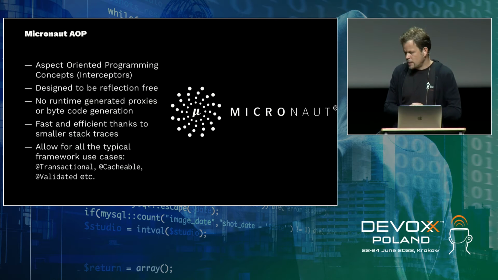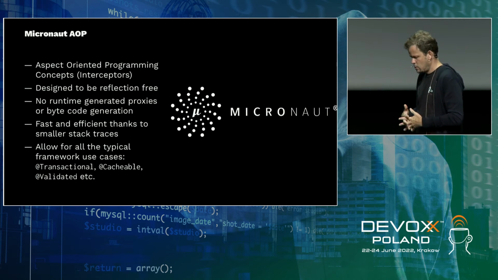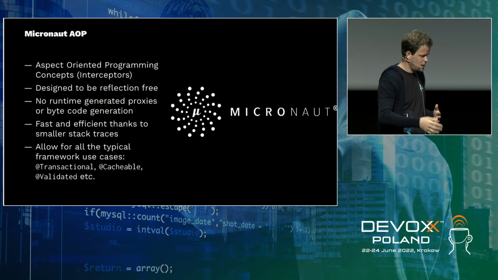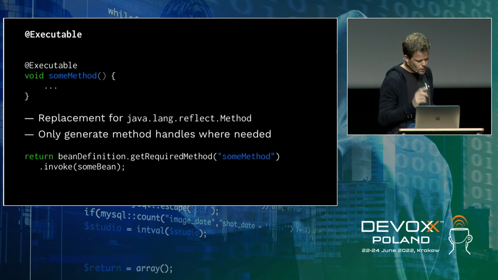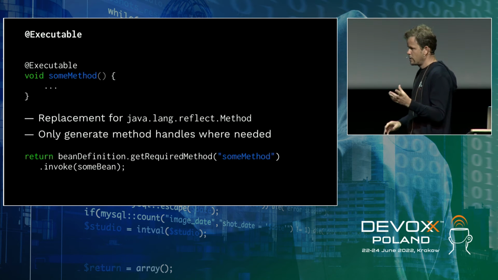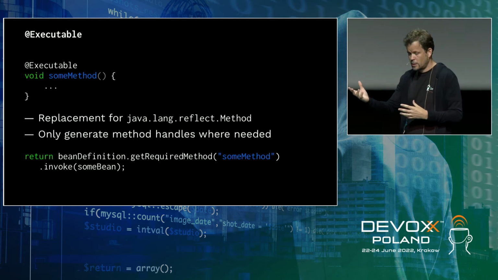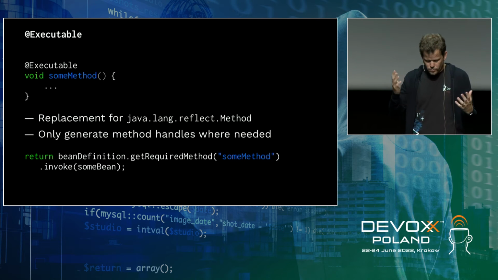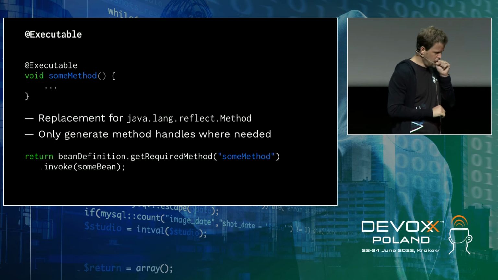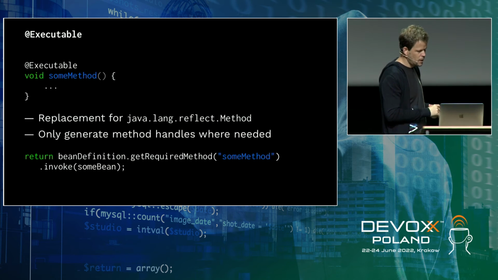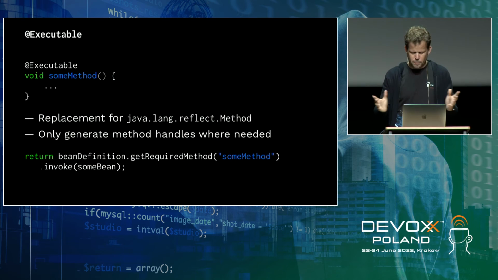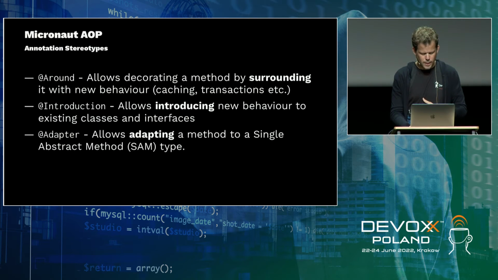That means Micronaut's typical useful annotations, things like @Transactional, @Cacheable, @Validated, etc., are reflection free. We also have another annotation called @Executable that you can put on any method, for cases where we need to execute a method at runtime and don't want to use reflection. It generates a build time computed method handle for you to invoke that doesn't use reflection and can participate in Graal's closed world static analysis.